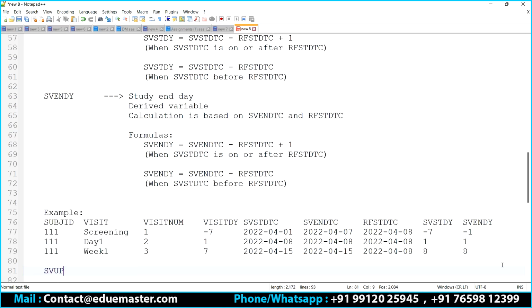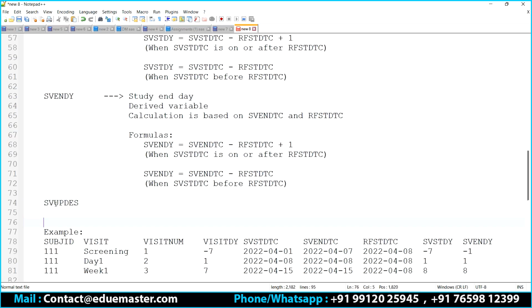SVUPDES. This is nothing but a description of unplanned visit. What is that? It is a description of unplanned visit. Maybe I can include this here, then I can put it as one example directly. This is a description of unplanned visits or unscheduled visits.